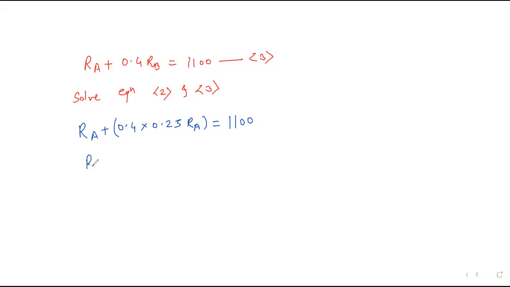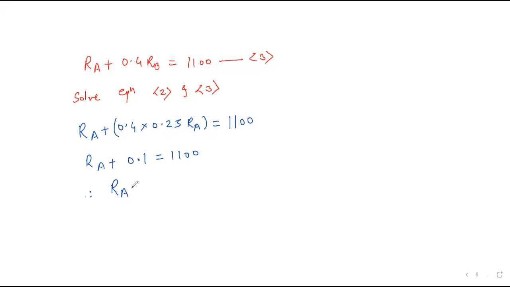So it is Ra plus, 25 into 4 is how much? 100, so after the decimal it will be 0.1. 0.1 is equal to 1100.